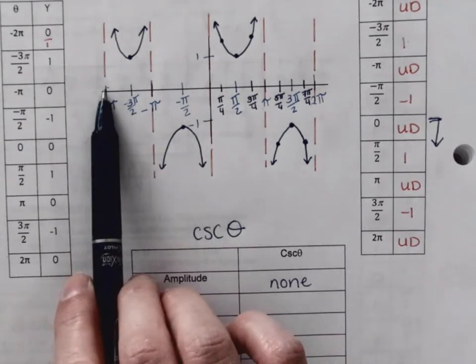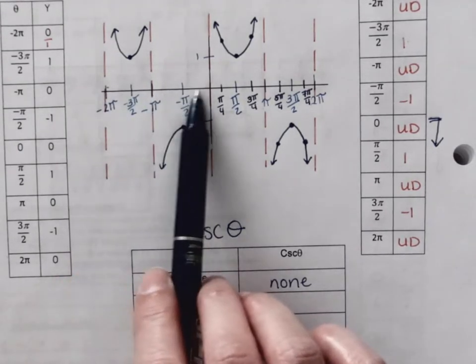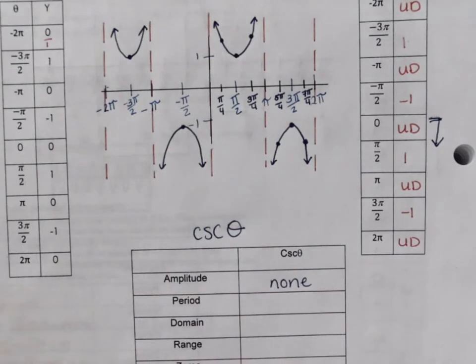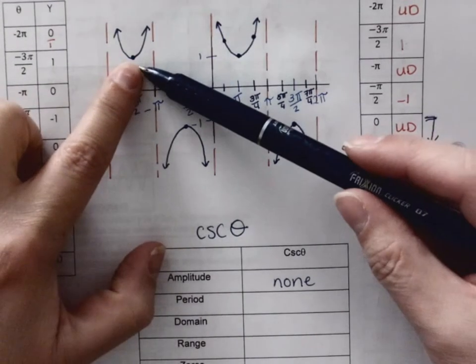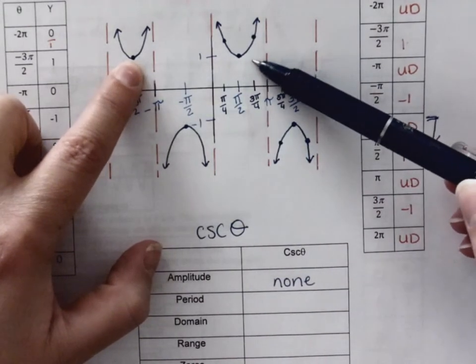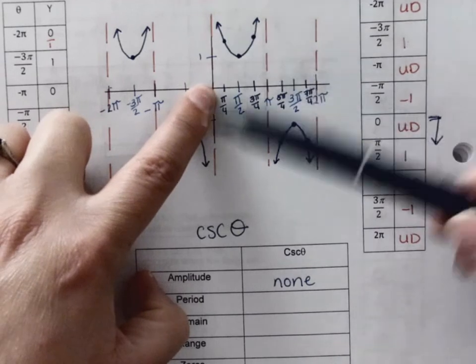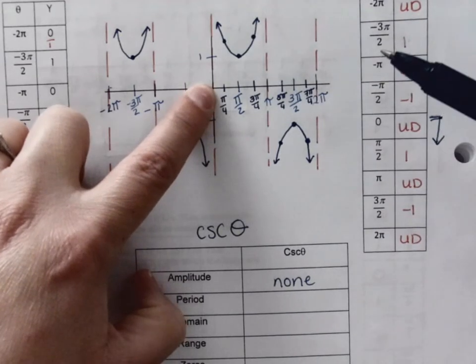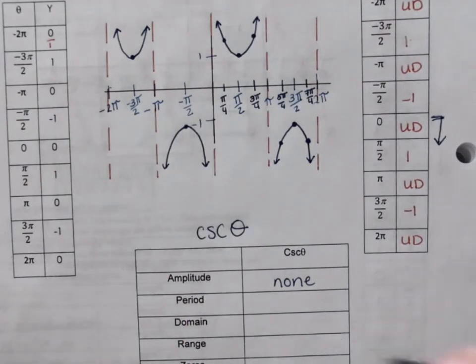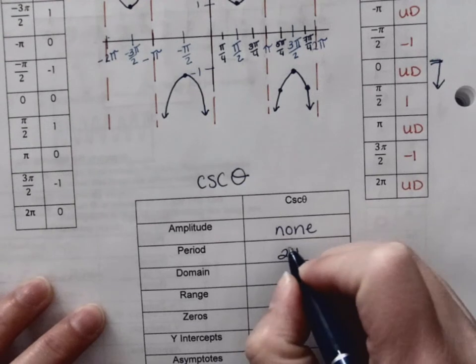It's going to be pi here, pi here. When does the pattern restart? It's 2 pi. In tan, the pattern restarted after pi, but when's the next time we see an up parabola? Not until this one. So we go a pi here, then a pi here, and then we restart again. Does that make sense to everybody? So the pattern repeats, so the period is 2 pi.